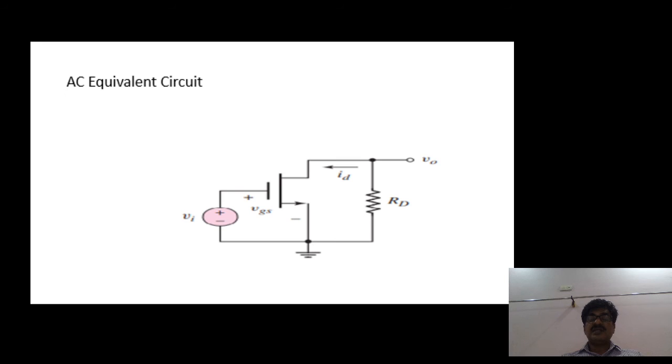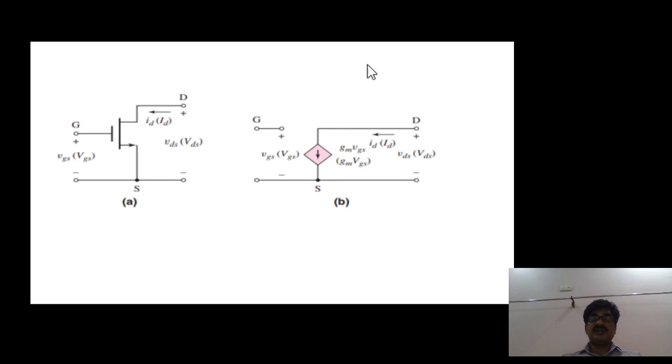Now the small signal equivalent circuit of the MOSFET is this diagram. If you observe here, the gate to source is open. Why? Because the MOSFET offers very, very high input impedance, and as the name suggests, the gate is separated from the transistor by an insulating medium, so that it offers very high input resistance.